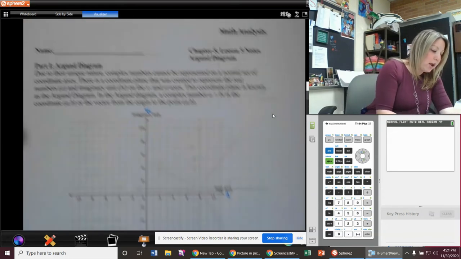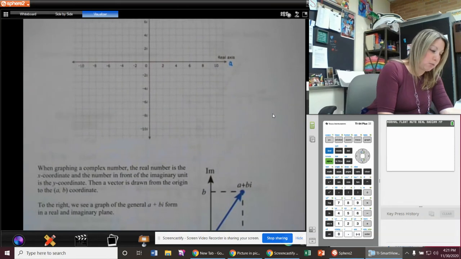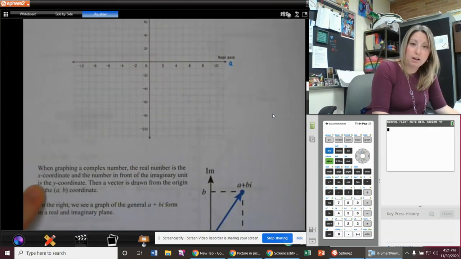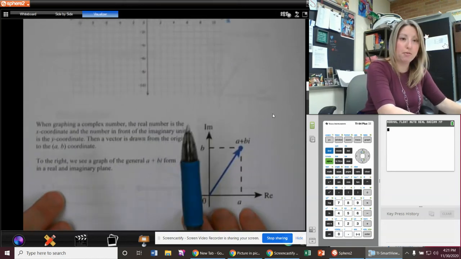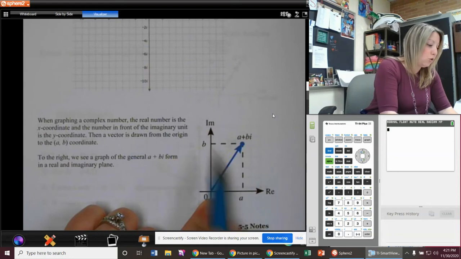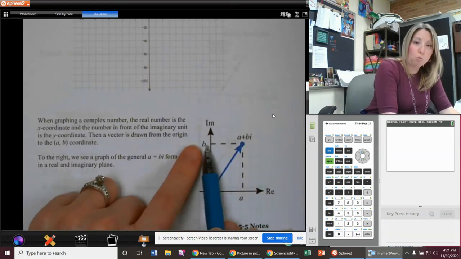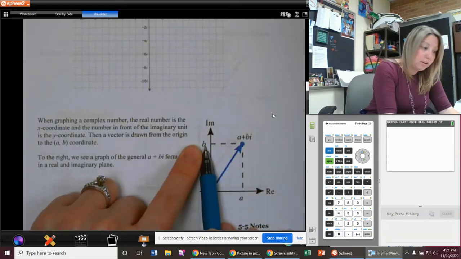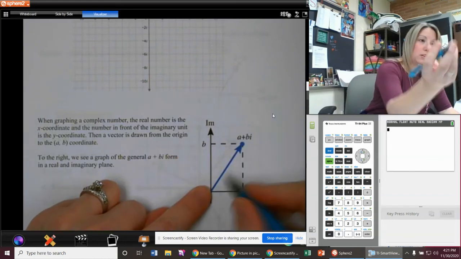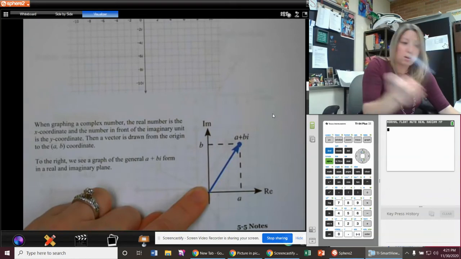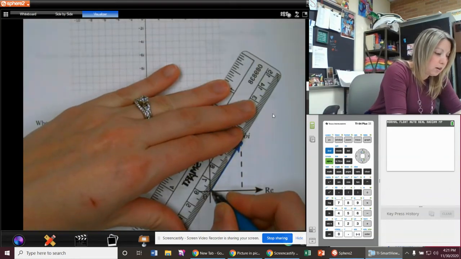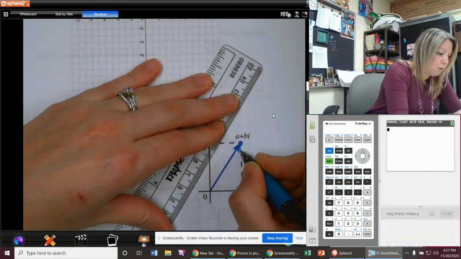Now, when you're graphing a complex number, the real number, like I just said, is your A value, or your X in the coordinate. Your B value is your Y in the coordinate. You still graph that particular point, but what you then do is take your straight edge from the origin out to that point and then put an arrow at the end.